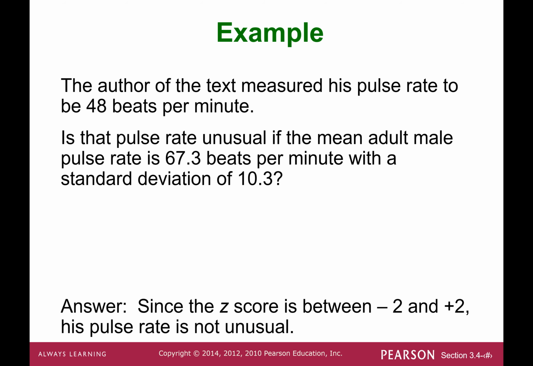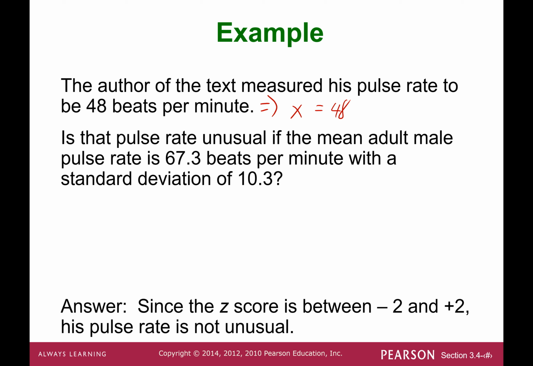Let's take a look at an example of calculating z-score. The author of the text measured his pulse rate to be 48 beats per minute. We can assume this is the x value, x equals 48. Is the pulse rate unusual if the average adult male pulse rate is 67.3 beats per minute?